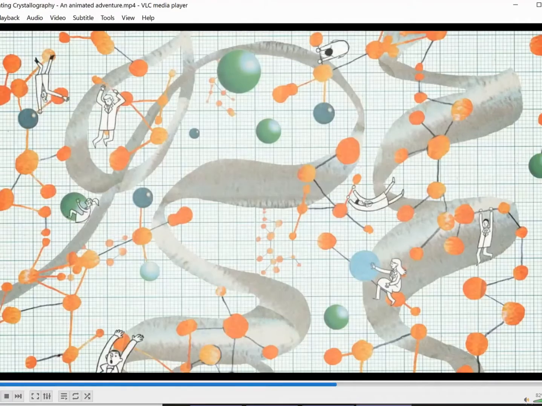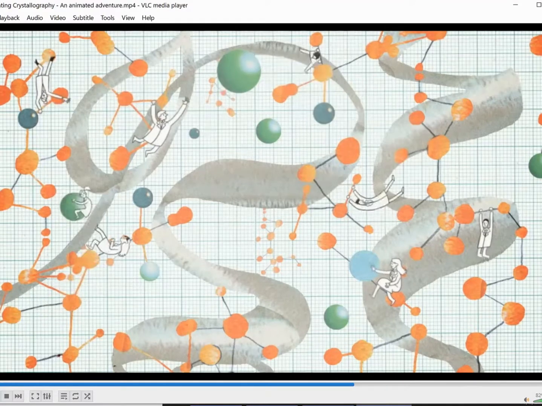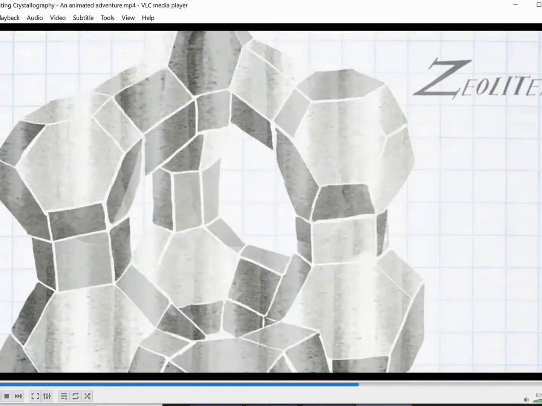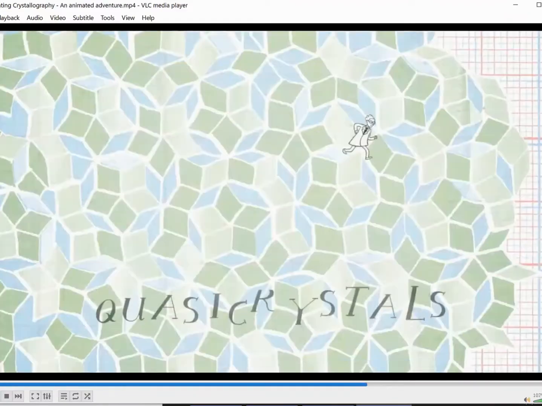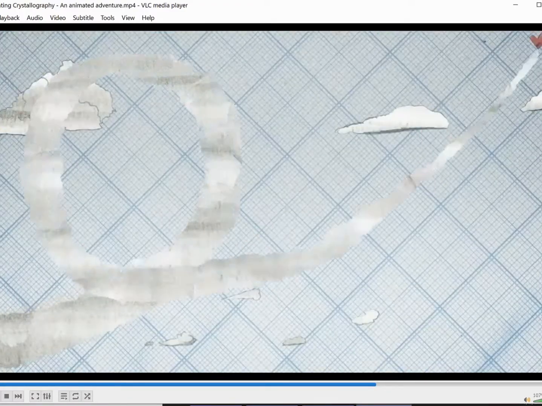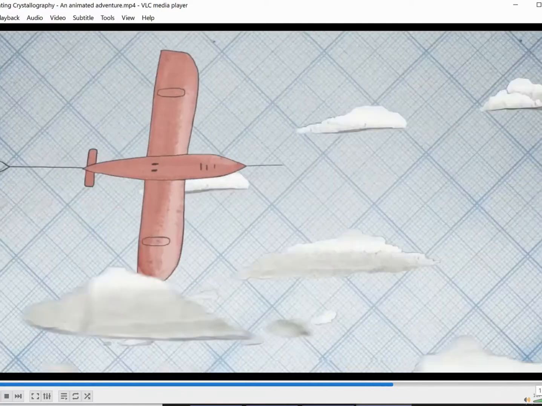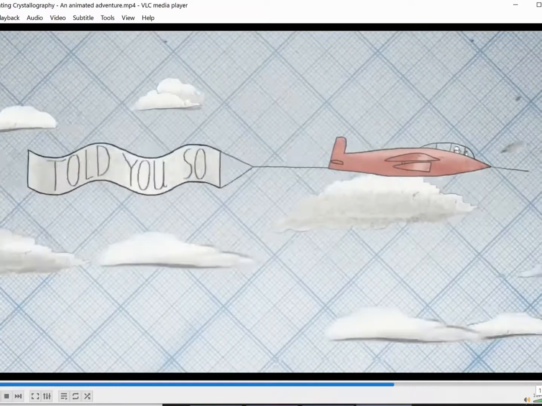Today, the work hasn't stopped. Crystallography remains the foremost technique for working out the atomic structures of almost anything, which is very useful for finding out why things behave the way they do. From the metallic structure of the blades of a jet turbine to the immune system fighting off viruses. Turns out, Max was right.